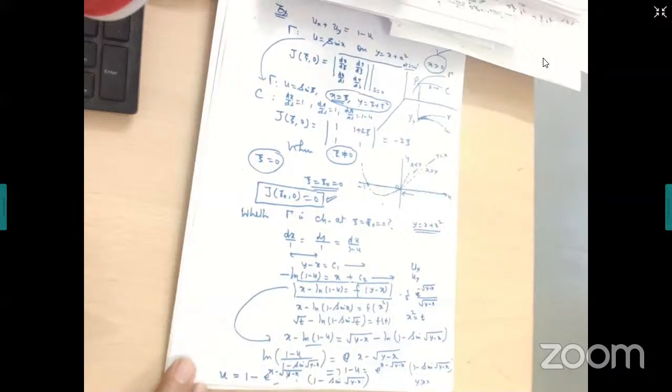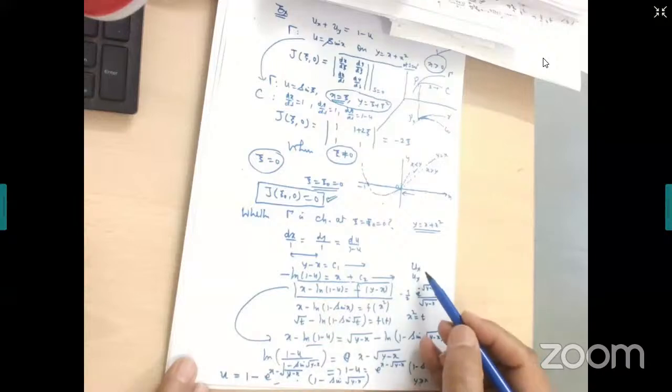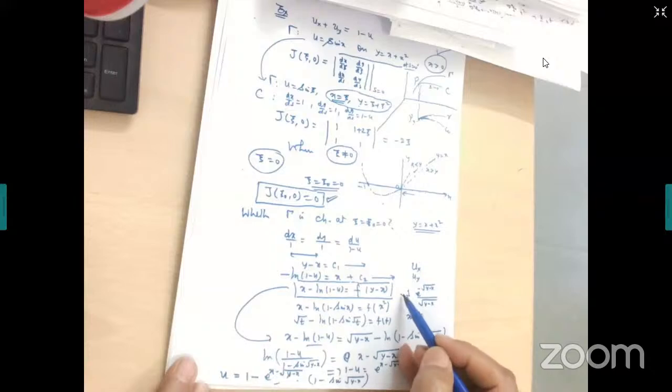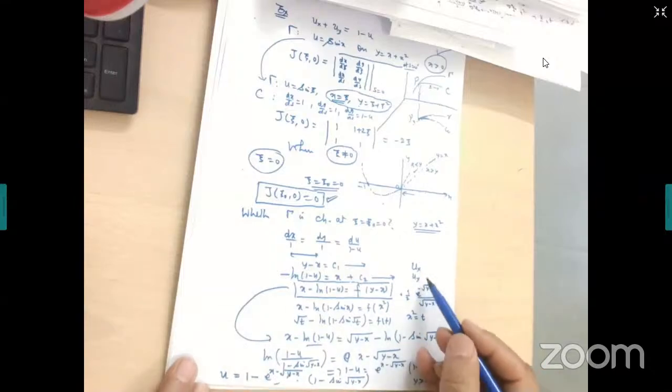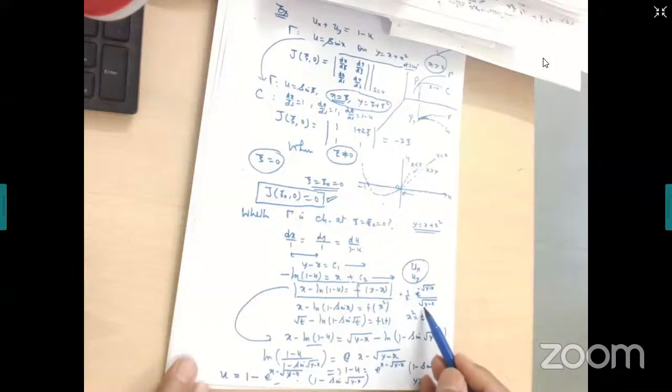I am differentiating with respect to x and y. With respect to x it will be plus 1, with respect to y it will be minus sign, but in both the derivatives you will find this term in the denominator.